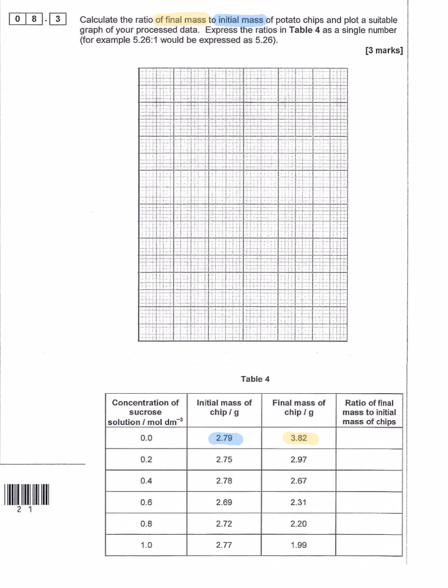So all we need to do is divide the final mass of the chip by the initial mass of the chip, and that will give us the ratio of the final mass to initial mass of chips. A ratio of final mass to initial mass of chips of 1.36 essentially means that the chip has got 36% larger. Pause the video now and complete the table.